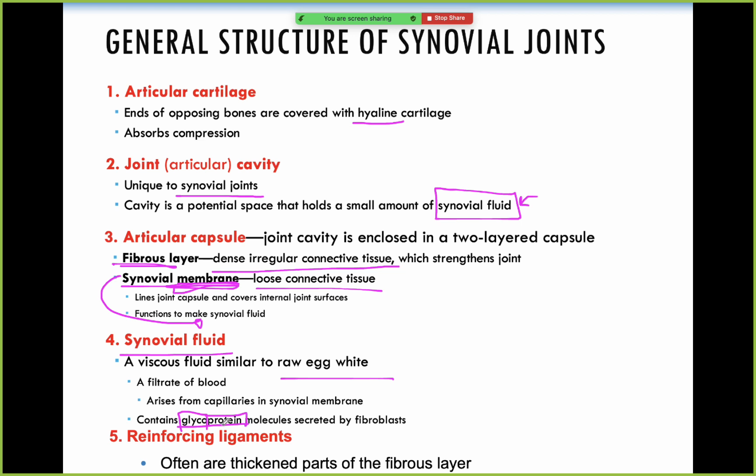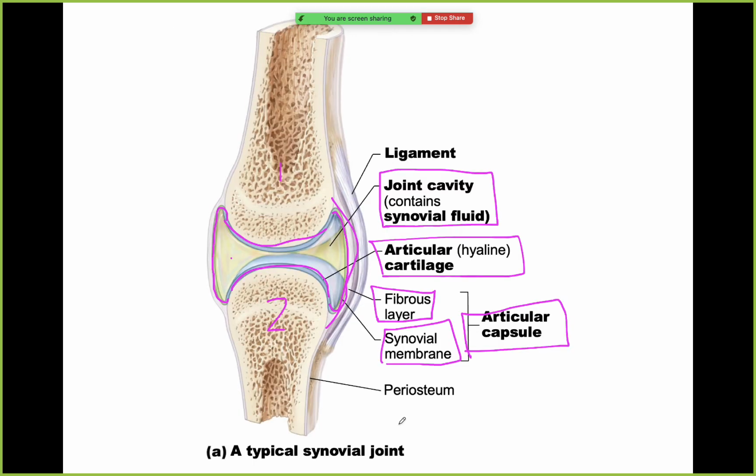And this provides nutrients for the joint. And the last thing, in the outermost region, where the bone and bone need to bind together, you have reinforcing ligaments. So again with this picture: bone and bone, cartilage, cartilage, capsule, capsule, fluid, and ligament.